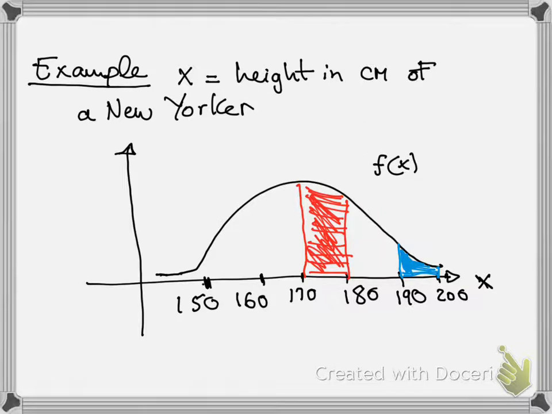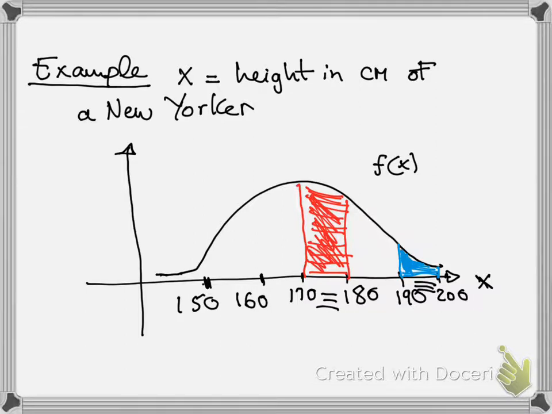So what does this mean? Well, it means it's more likely to have a height in the range between 170 and 180 than between 190 and 200.